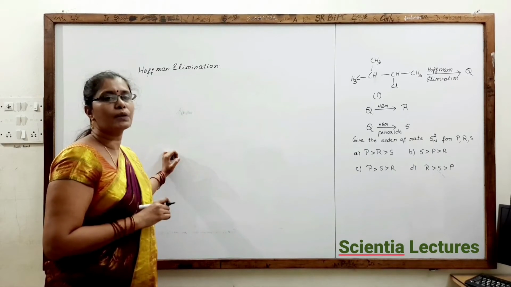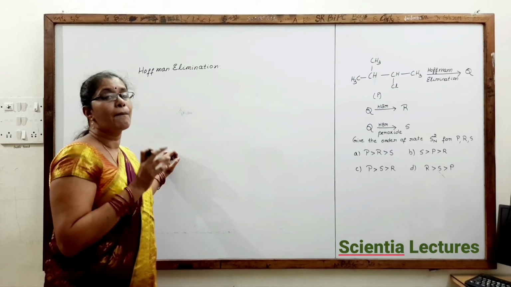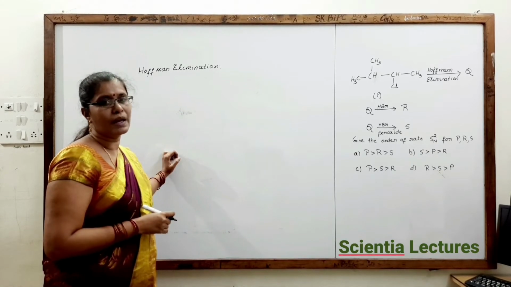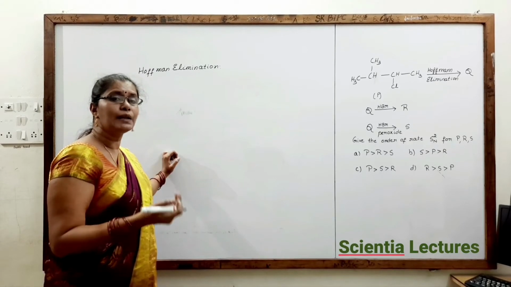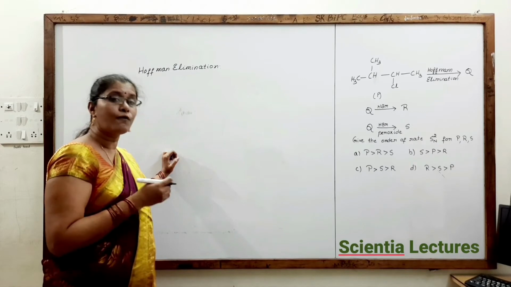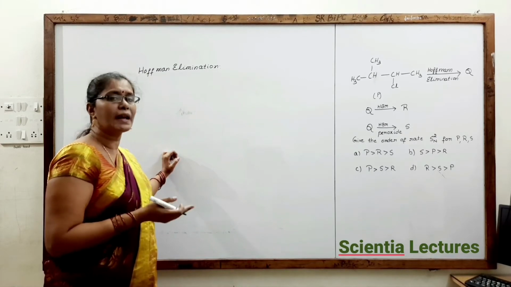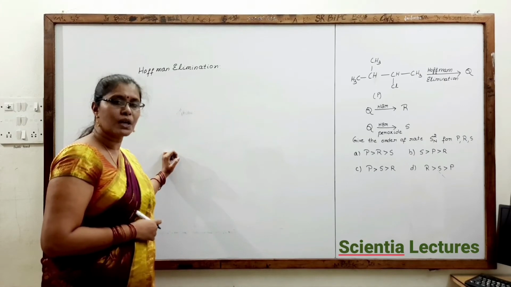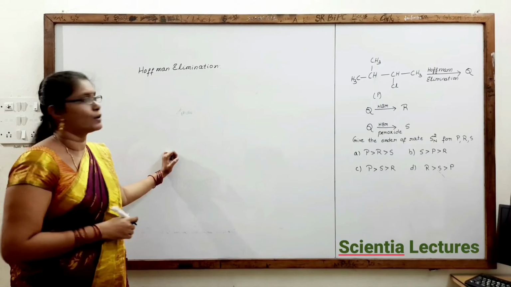Remember the condition: when there is a bulkier attacking nucleophile or bulkier leaving group, as that nucleophile cannot attack the beta hydrogen of the beta carbon with less number of hydrogens, it would go for attacking beta hydrogen from the beta carbon containing more number of hydrogens.